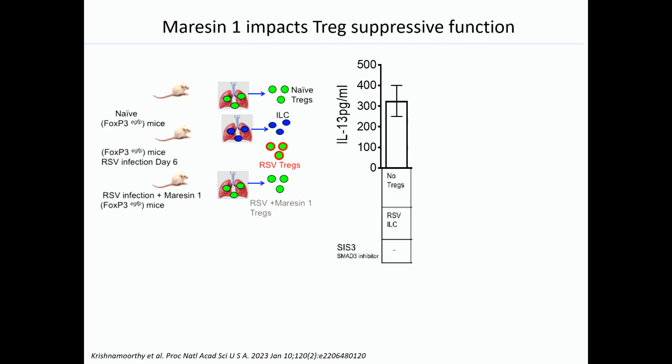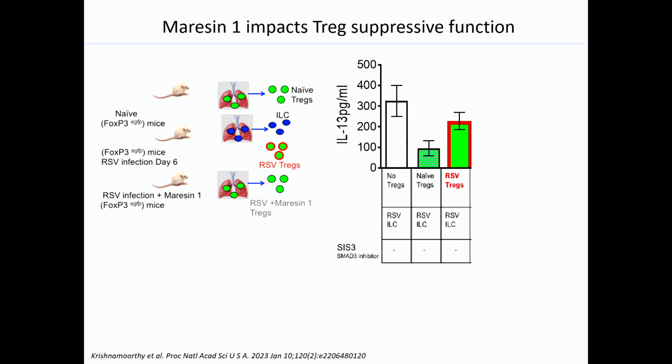And when you take the RSV ILC2s and activate them in culture, you see profound expression and release of IL-13. If you take naive Tregs that have preserved immunosuppressive function, that decreases the IL-13 release in culture by these ILC2s.